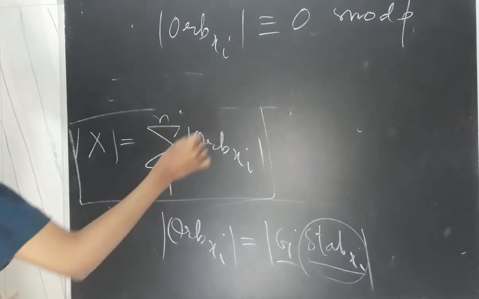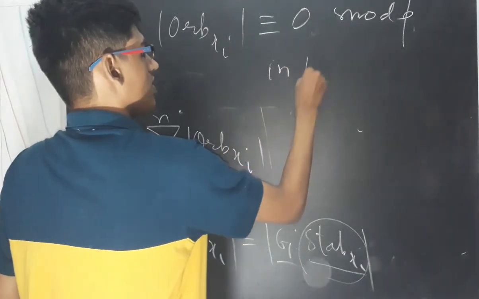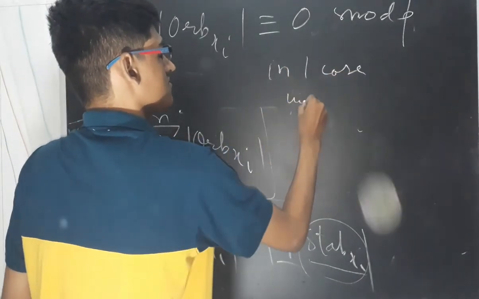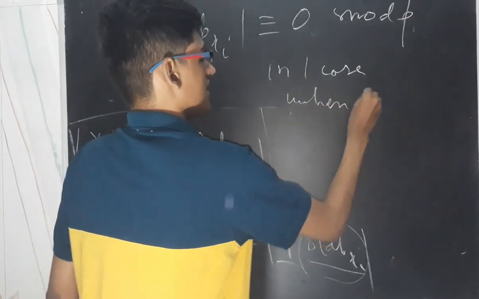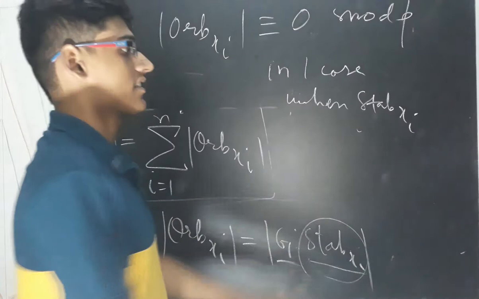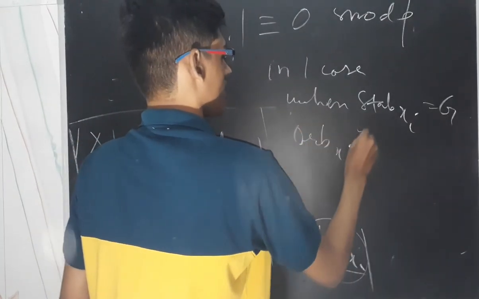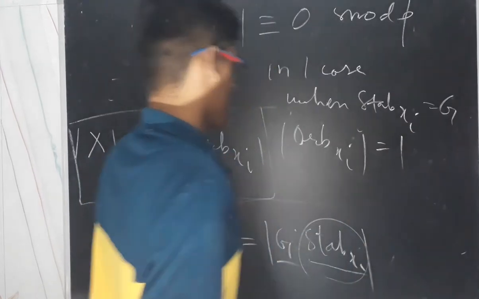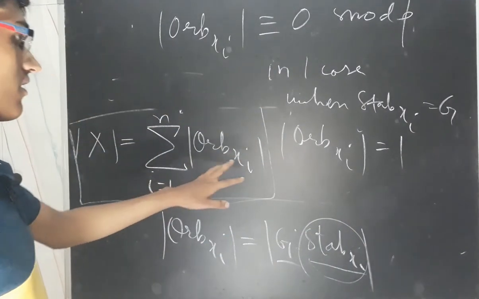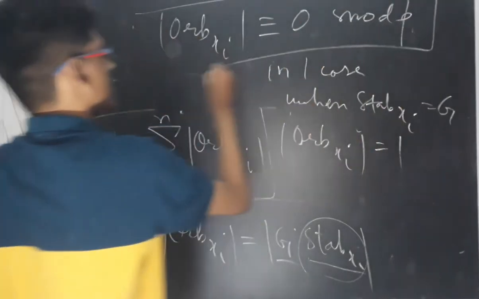But in one case, when the stabilizer of the representative xi is equal to G, the length of the orbit of xi is equal to 1, and then in that case this relation is no longer true.